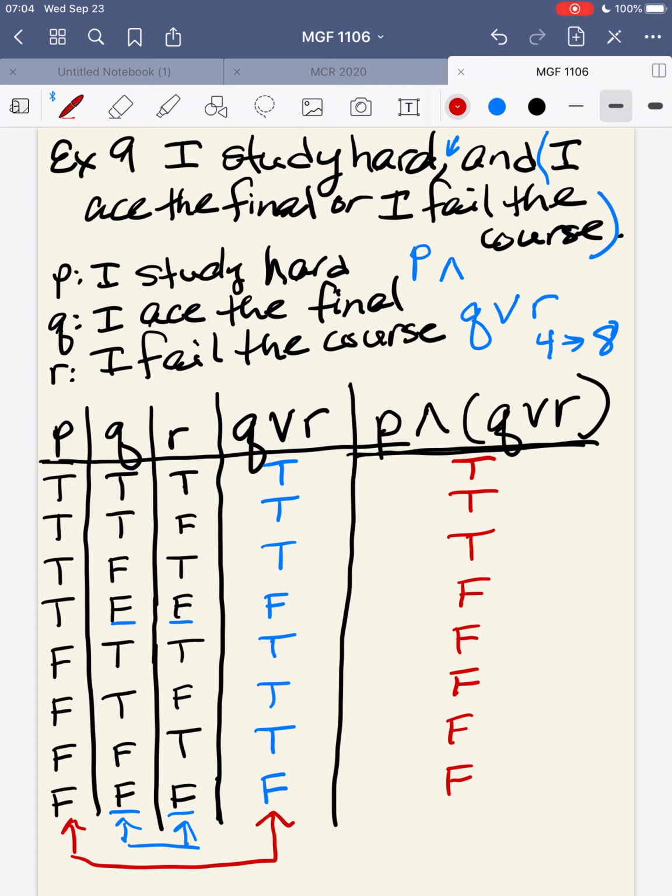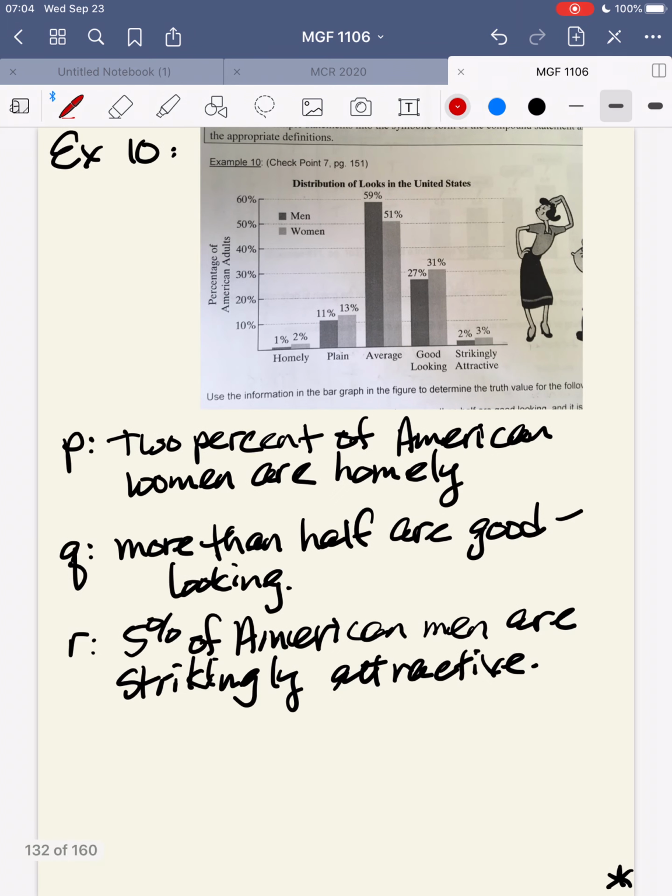We got one more example. This one is in your book, and here I included the chart in the video for you. I have P, Q, and R, and I want to see if these are true or false. First one: 2% of American women are homely. If I look for homely and I look at women, 2% are considered homely, so this statement is true.